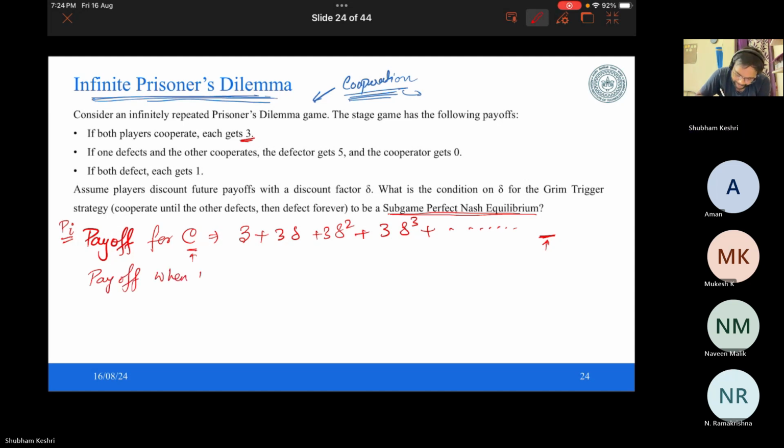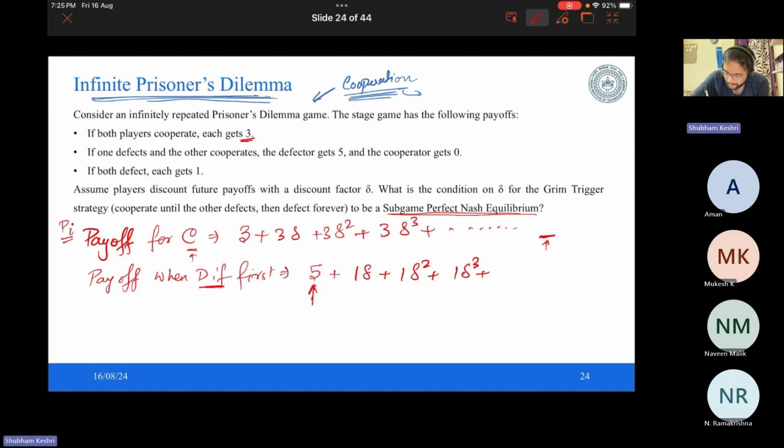All right. Now payoff when D is played first. So when D is played first, the first utility for this player will be 5 because he has played D first. When he has played D first, he gets 5, and the next time it will be 1 times delta, 1 times delta square, 1 times delta cube, and so on.